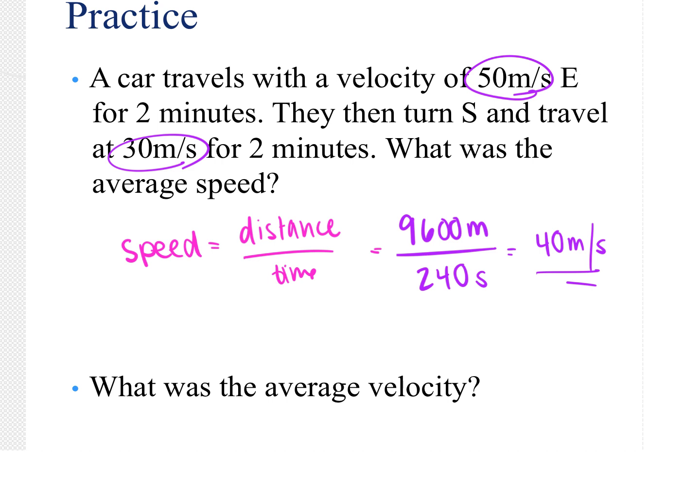The average velocity, though, is different because we're taking the displacement divided by the time. Okay, and so displacement in our case, I think, was 7,000 meters divided by 240 seconds. And so I'm going to get a little bit of a slower value there. 29.2 meters per second.